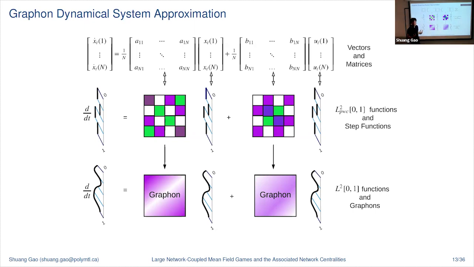Now, if we have limit objects for graphons, we can identify a limit equation. And the finite system converges to the limit system in the sense that their solutions converge. This, of course, is under assumptions on the convergence of initial conditions and the convergence of these graphons.